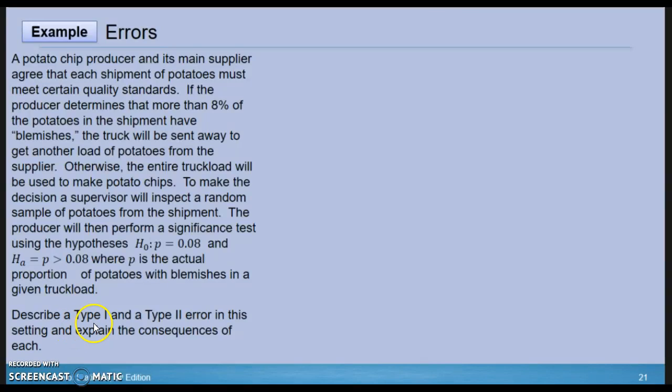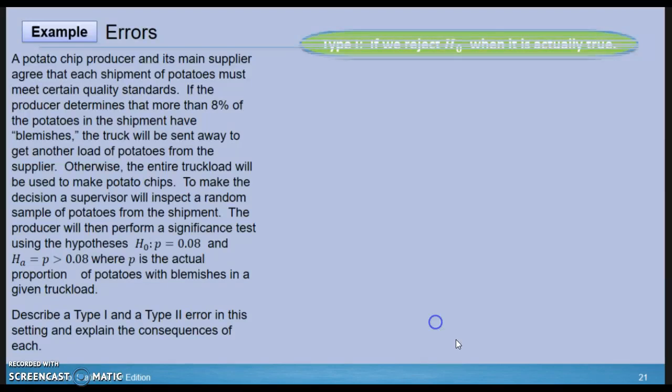So the type 1 is when you're rejecting the null when you shouldn't. Type 1 is rejecting the null when you shouldn't. So if we look here, we're rejecting the null when the null is true. So we shouldn't have rejected it, okay? So if you think about the situation of this problem, what would that look like?